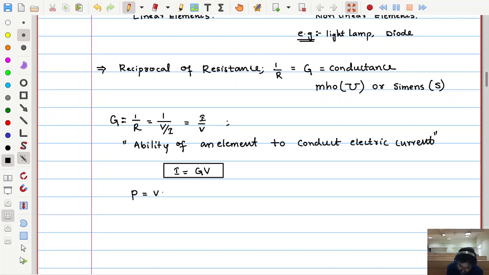Can I write this power relationship as VI, where we can write I as GV, so that we get V into GV, which is V square into G. Or we can substitute in another form: here we substituted I is equal to GV, and we can also substitute V is equal to I by G. If we substitute V is equal to I by G in the first expression here, what do we get? I square by G.